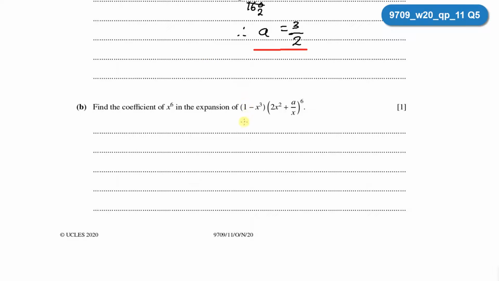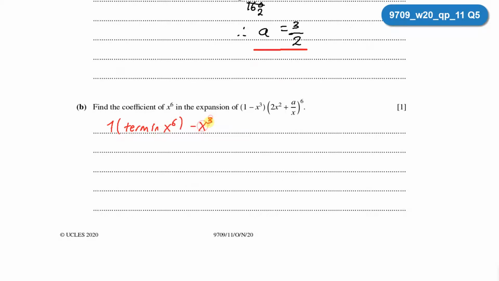So for this one, we are saying to get the coefficient of the term in x to the power of 6, when we expand these two brackets, it means along the way as we expand, 1 is going to multiply the second bracket. And for us to get a term in x to the power of 6, 1 should multiply a term in x to the power of 6.